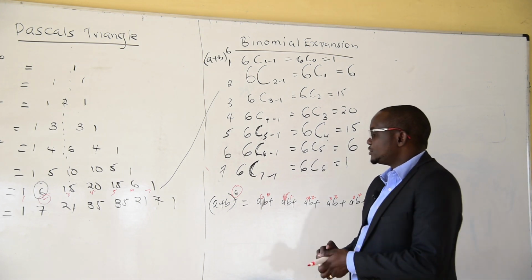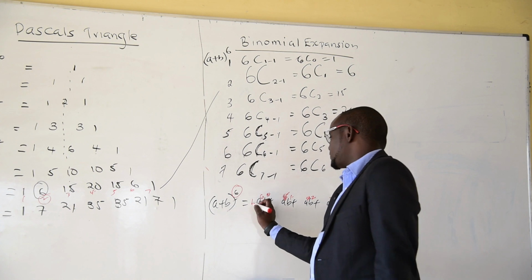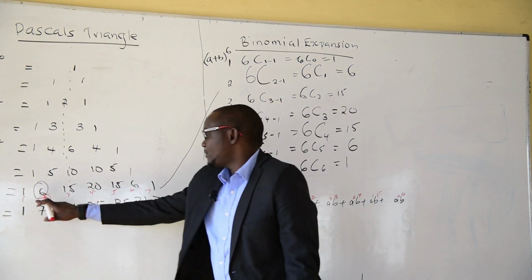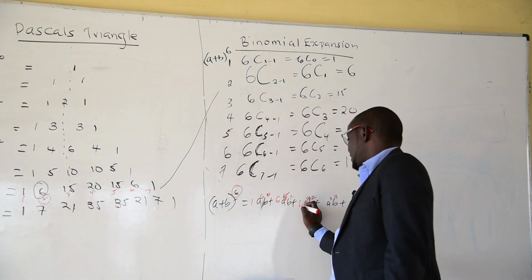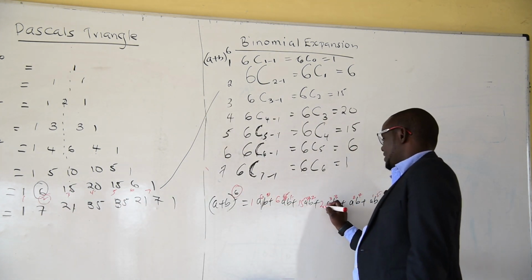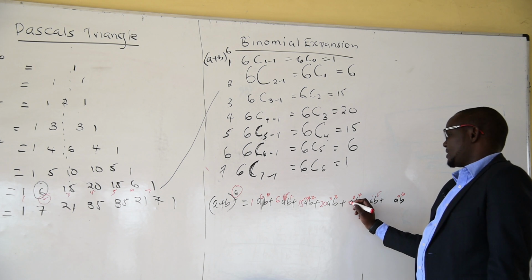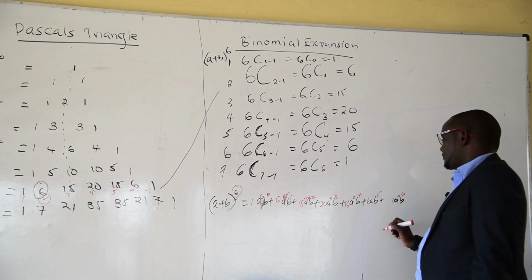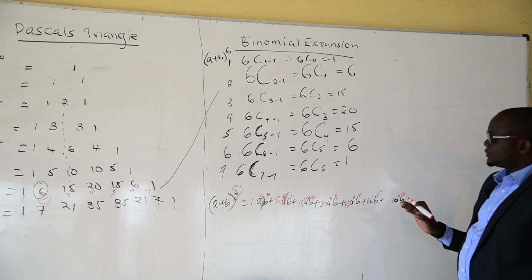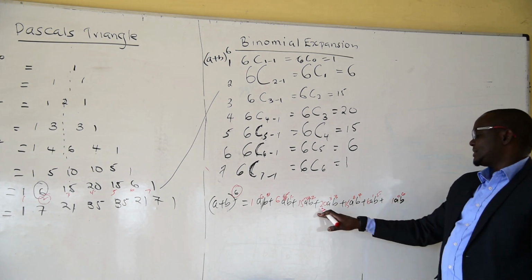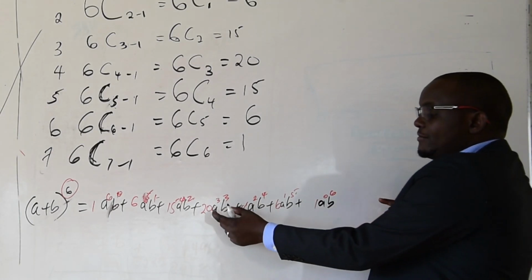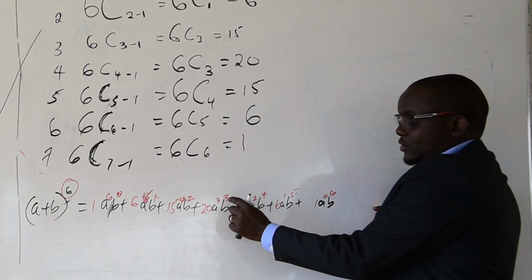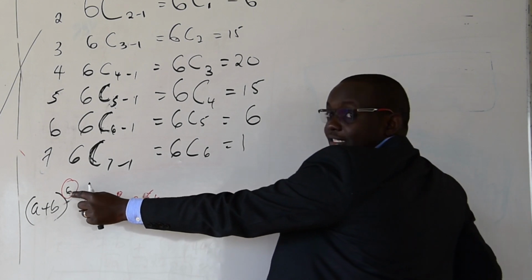So now I can put my coefficients. My coefficient here is 1. The other coefficient here is 6, then 15, here we have 20, here we have 15, we have 6 and we have 1. When you look at this pattern, you realize that for every term, the powers add up to 6.